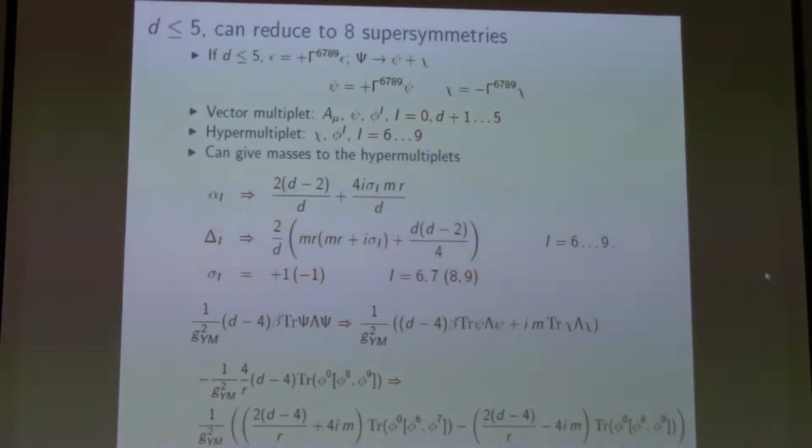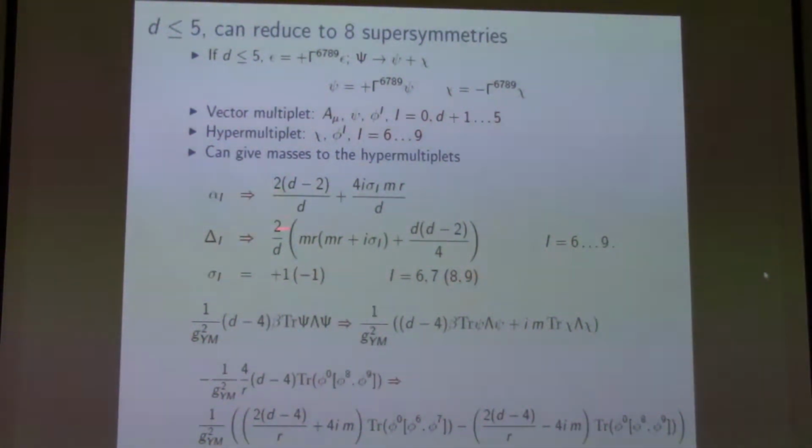And then once I assume that my epsilon satisfies this, since I reduce the number of supersymmetries my action has to be invariant under, I'm allowed to change things a little bit. In particular, my constants alpha I can be modified by a mass term, which I call this part inside here. And the sigma I is basically a sign, depending on whether I is 6 or 7, or it's 8 or 9.